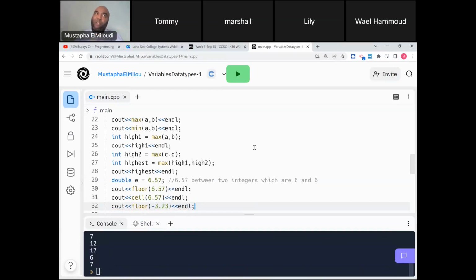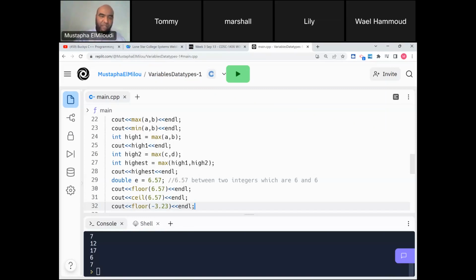Because -4 is the smallest. Always the smallest one is the floor. And what is the ceil? -3. Yes, because -3.23 is between -4, that's the bottom, and ceil is -3, because -3 is higher, is bigger than -3.23. Now, -2 is far up, so there's one closer, which is -3.